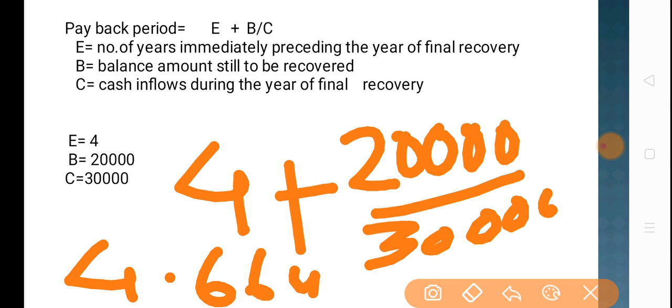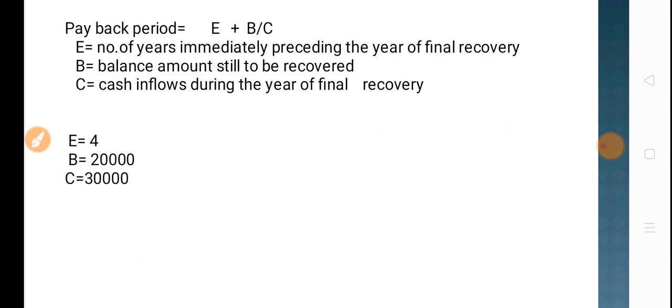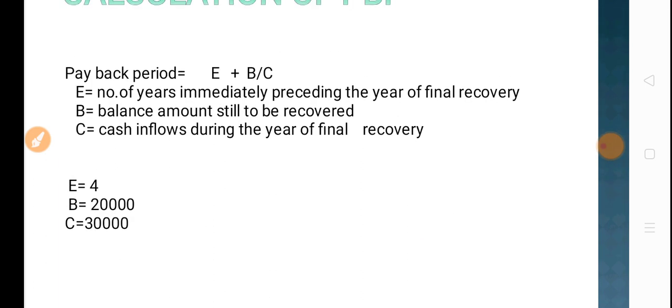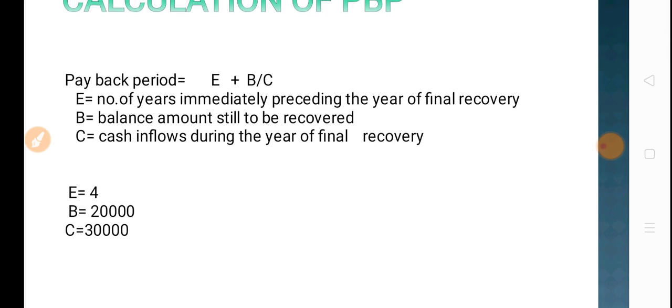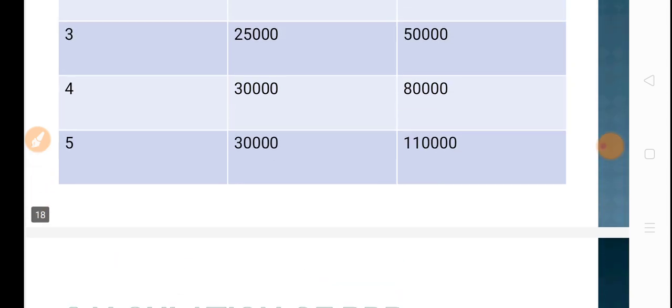So once more, I would like to show the calculation. Listen here. Payback period is equal to E plus B by C. E means the number of years immediately preceding the final recovery.